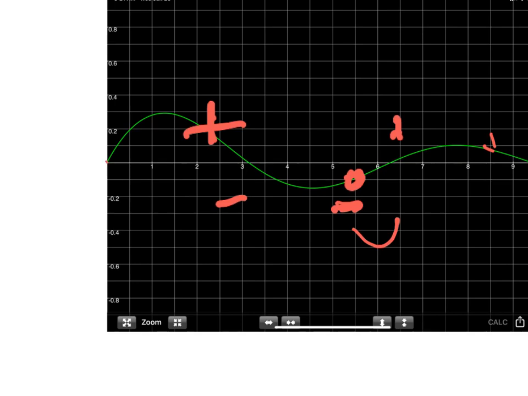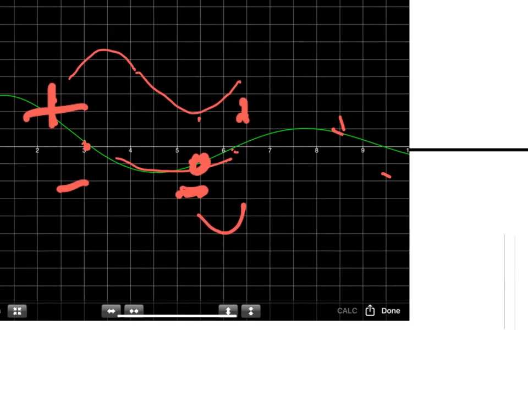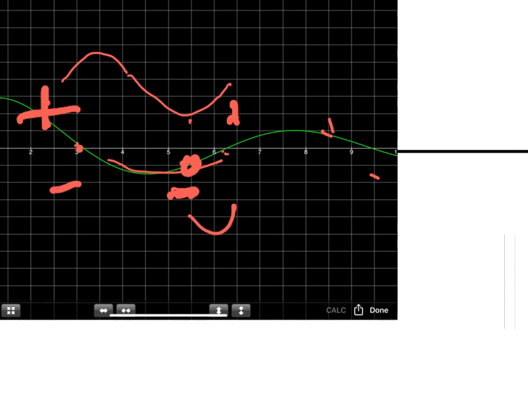So it's increasing, decreasing. That would be a max. Decreasing. That would be a min. Decreasing to increasing. Does it happen over here? Positive to negative. Increasing to decreasing.